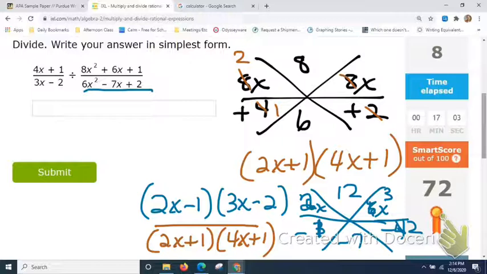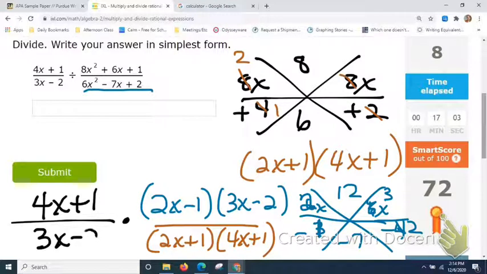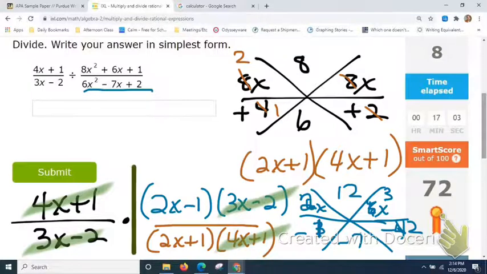And then don't forget we had this guy over here originally, 4x plus 1, 3x minus 2. So the 4x plus 1, bam, gone. The 3x minus 2, bam, gone. These two cannot cancel out because one has a plus and one has a minus, so they are not exactly the same factors.